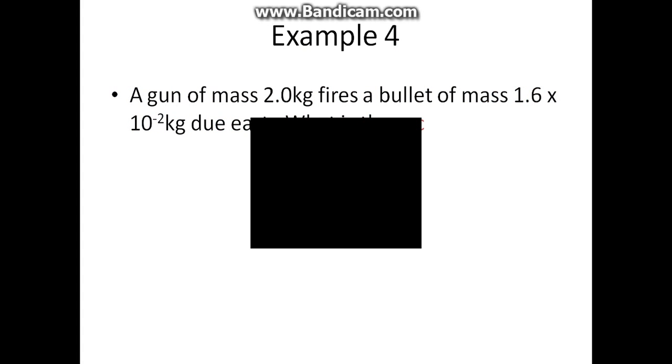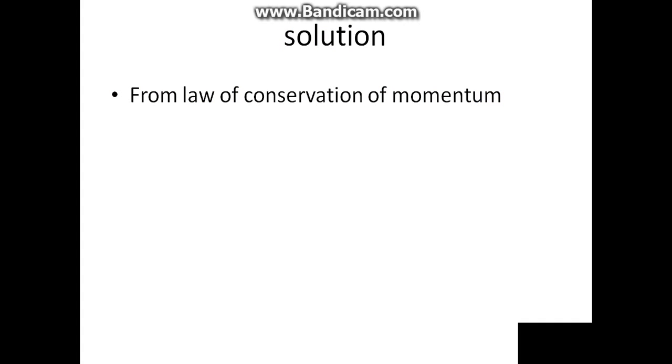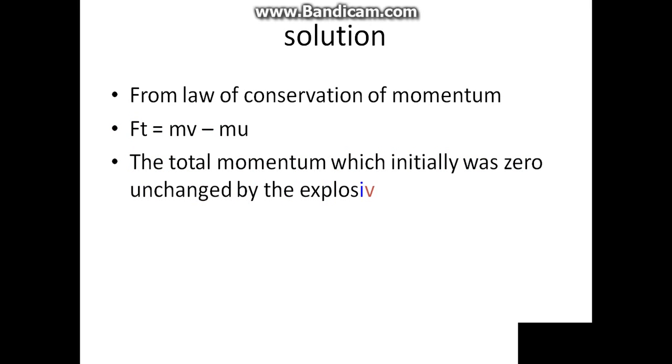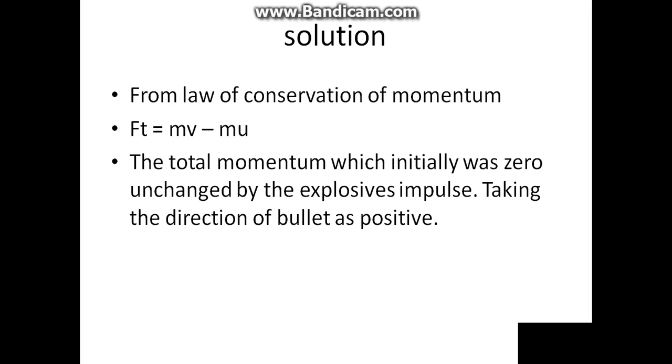Example 4. A gun of mass 2.0 kg fires a bullet of mass 1.6 times 10 raised to power minus 2 kg. What is the recoil velocity of the gun? Solution: from the law of conservation of momentum, the total momentum, which was initially 0, is unchanged by the explosive impulse.